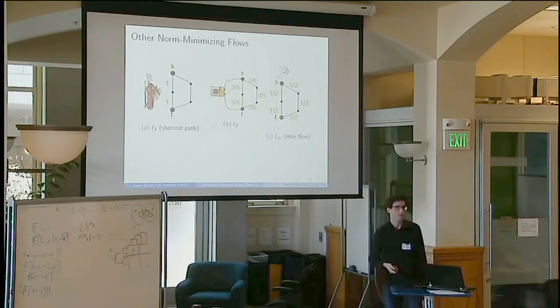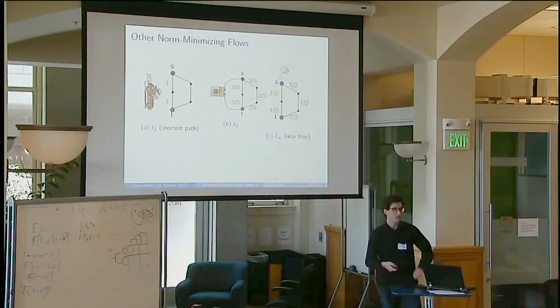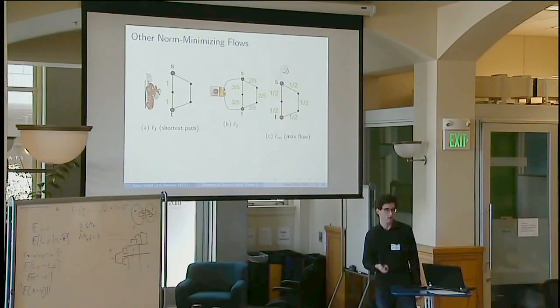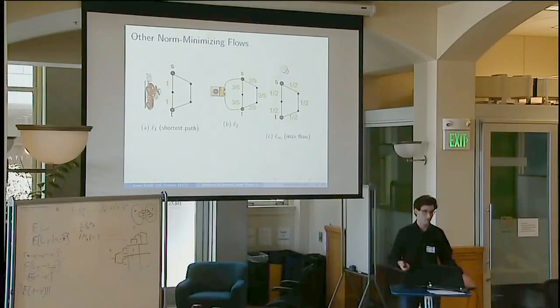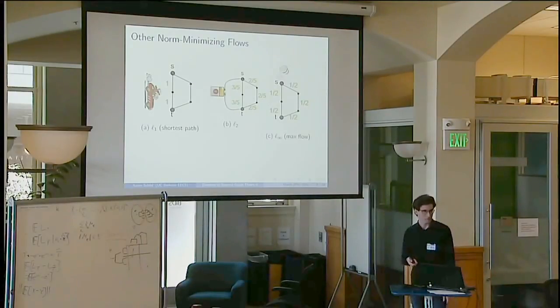Let's think about other graph theoretic objects and see how they relate to this. It turns out that the L1 minimizing flow between two vertices is the shortest path between those vertices. As I already discussed, the L infinity minimizing flow is proportional to the max flow. And it turns out that the L2 minimizing flow is an object that you might not think you know, but you actually do.